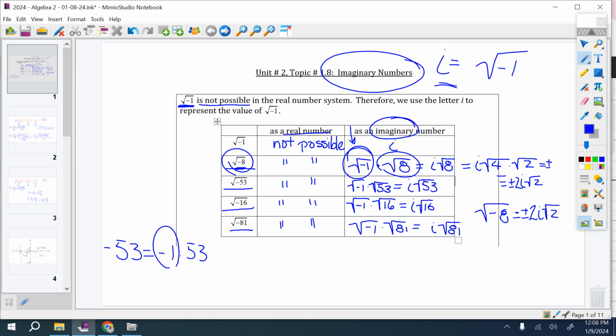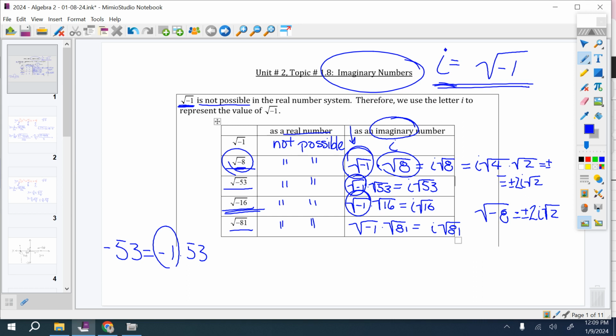That's because we can convert any negative number into a negative times a positive by using -1. So in each case, we can say the negativity is the square root of -1 when we're trying to find the square root of a negative number. Separate those out, and we call that value i. i is equal to the square root of -1.